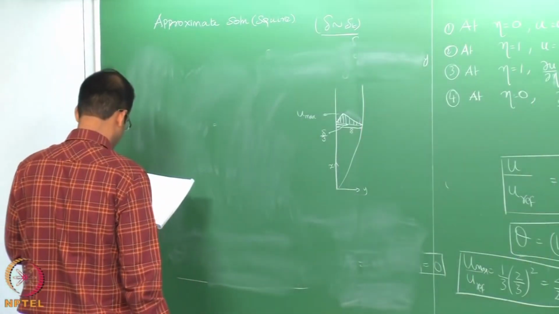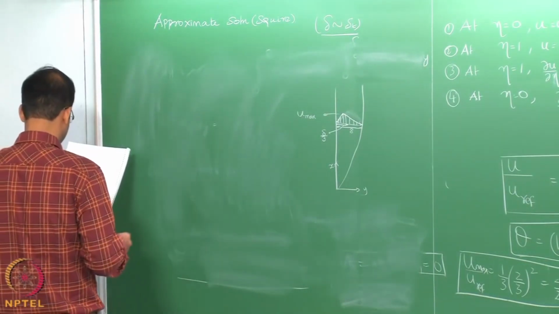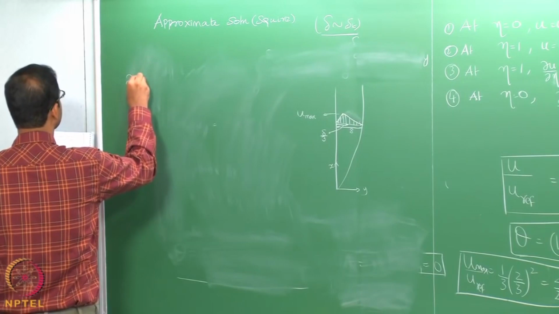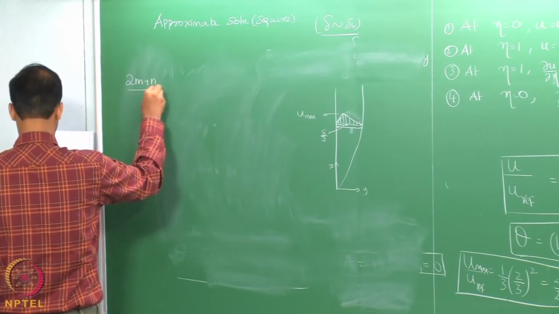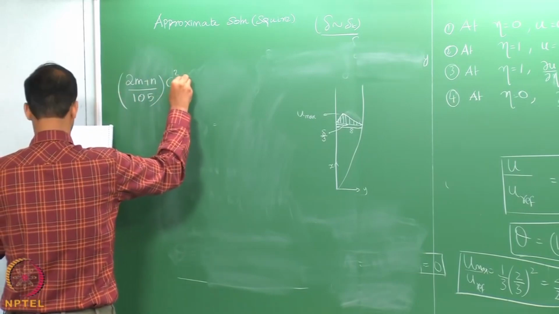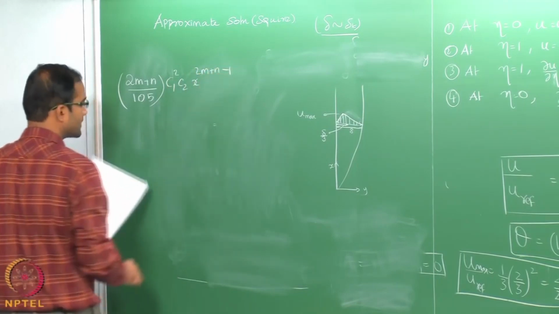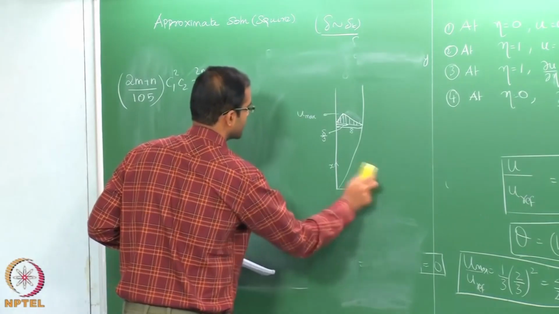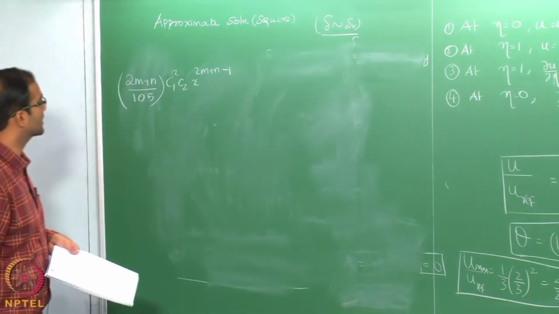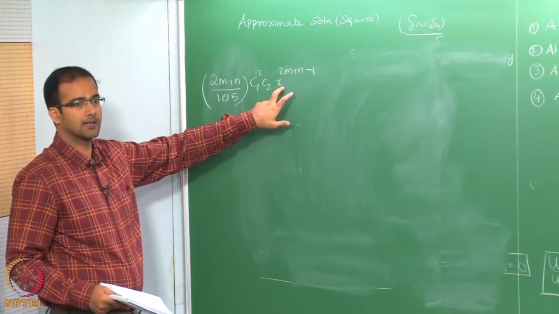So, if you substitute C1 x power m into the u ref and C2 x power n, the momentum integral will be, what is more important is the order of x. Okay, you do not have to worry about the other constants which are multiplying them, because they are all just constants. Only the order of x you have to pay attention to. Okay.